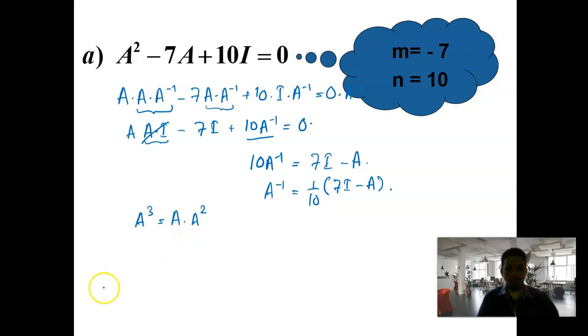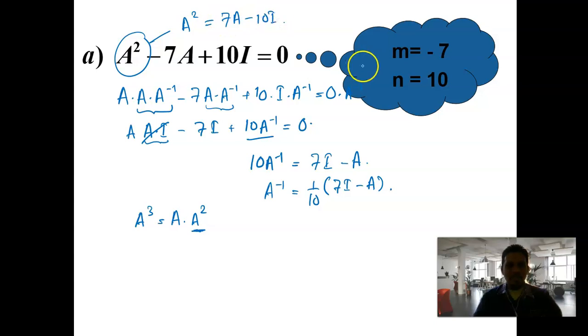Okay, class, so just imagine that this is A squared, where A squared equals negative 7A, moving to the other side becomes positive, so 7A minus 10 identity here. 7A minus 10 identity. Okay, so then here 7A with A, 7A squared minus 10A identity.